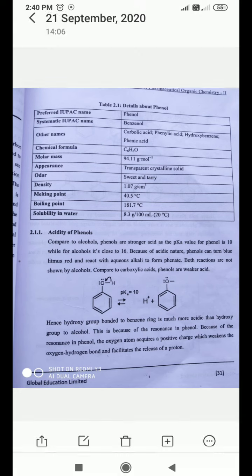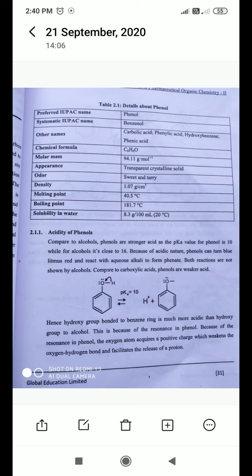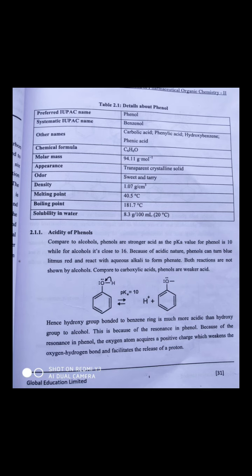Then the chemical formula. What is the chemical formula? C6H6O. And the molar mass, or molecular weight, we can calculate using this chemical formula. It is 94.11 g/mol.